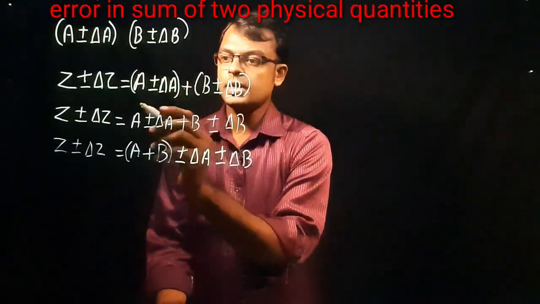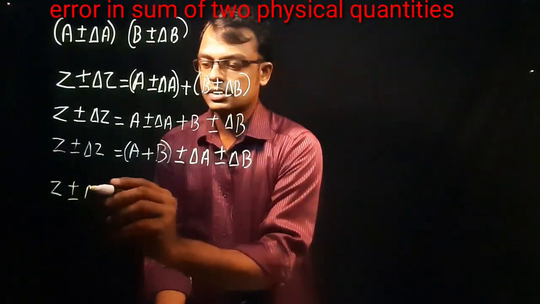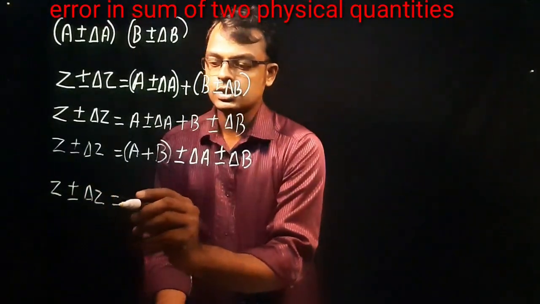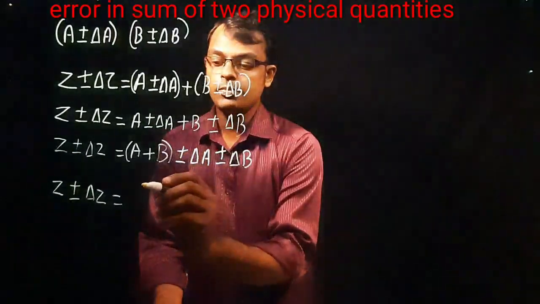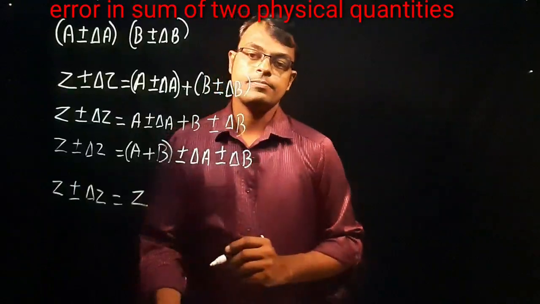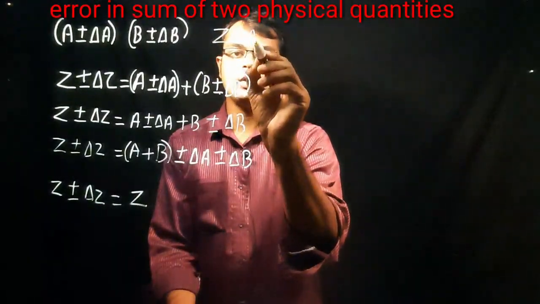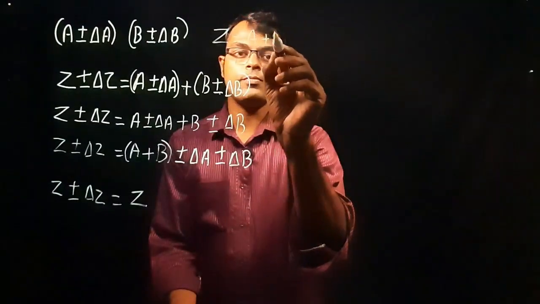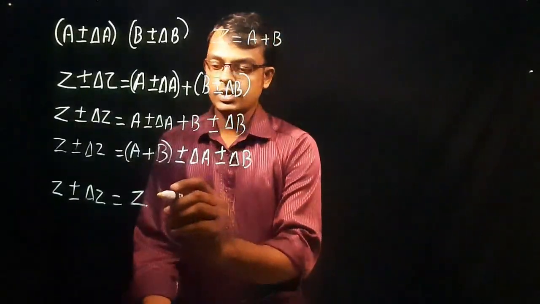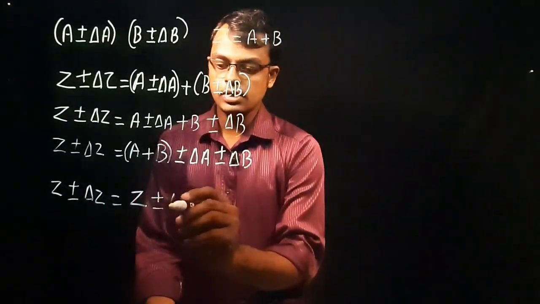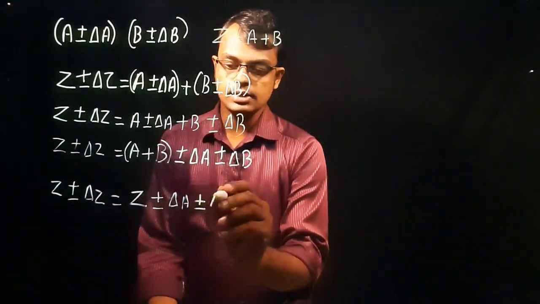A plus B is the final result or final value, so we can write it as Z. The final result Z is equal to the sum of the measured values, Z is equal to A plus B. So here we can write Z plus or minus delta A plus or minus delta B.